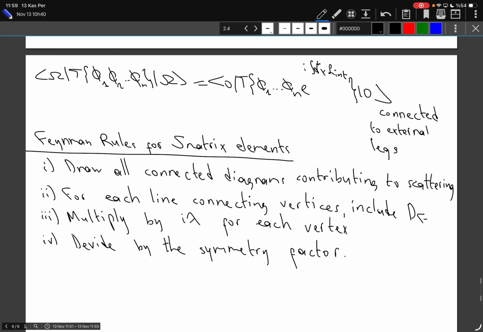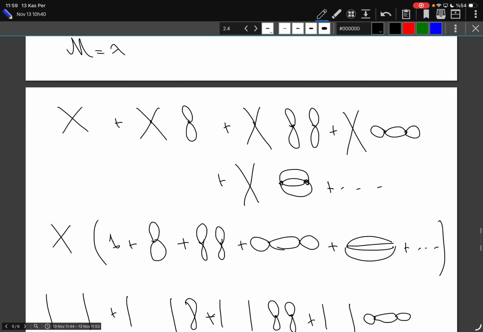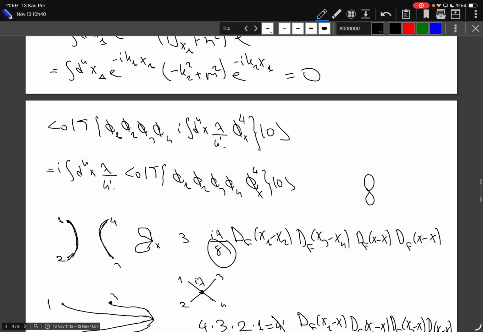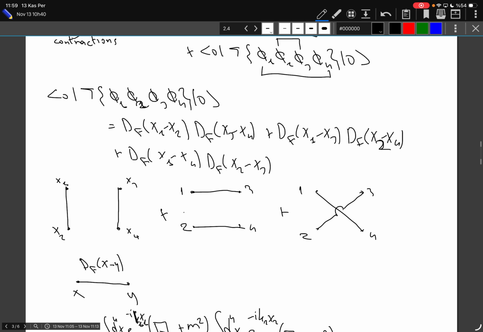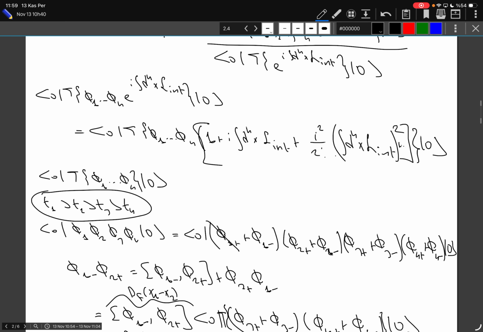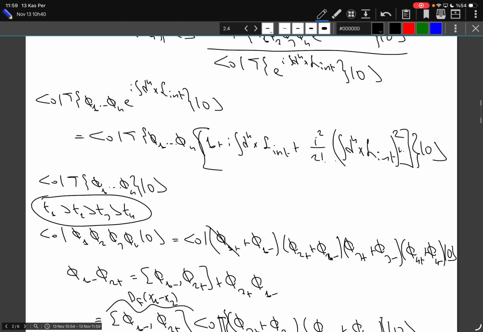Well, there's one more factor which I didn't discuss. If we look at all these expansions, there is this 1 over n factorial which I didn't talk about. You see, in the exponent, when I expand the exponent, the nth term has a 1 over n factorial.